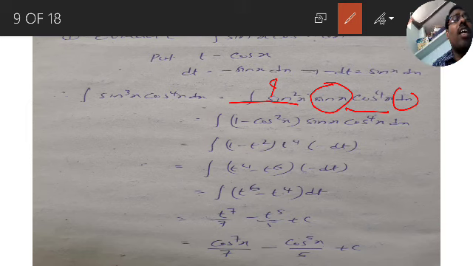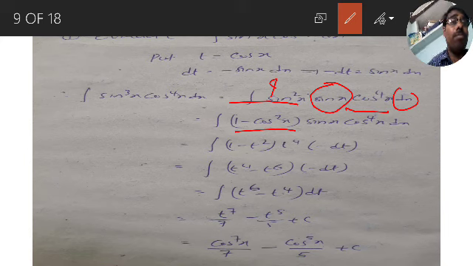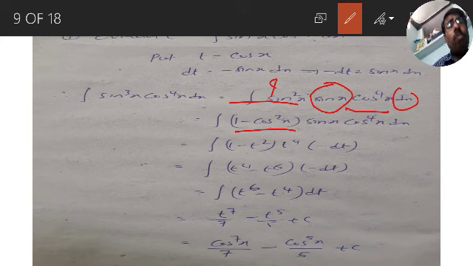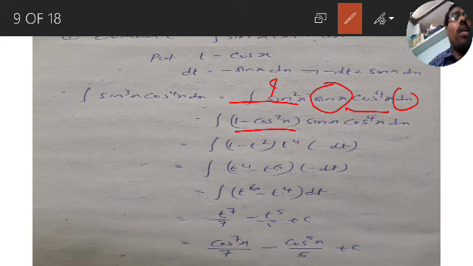You write sin square as 1 minus cos square, because you know cos x is equal to t. So integration of 1 minus cos square x, sin x, into cos power of 4x into dx. Substitute t in place of cos x, and sin x into dx is equal to minus dt.